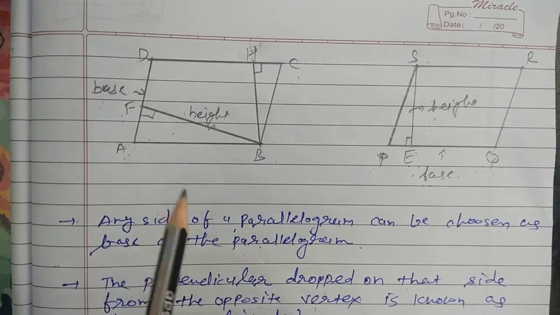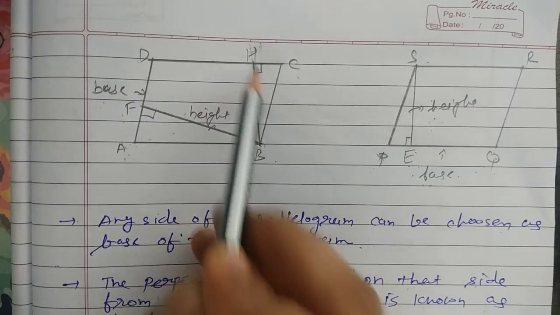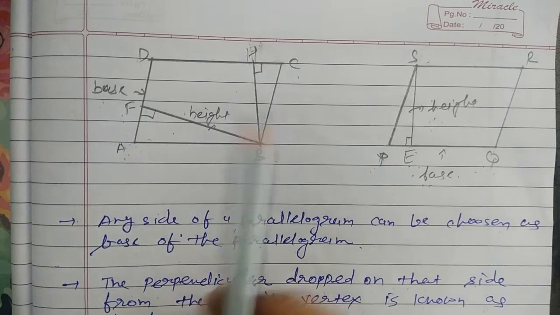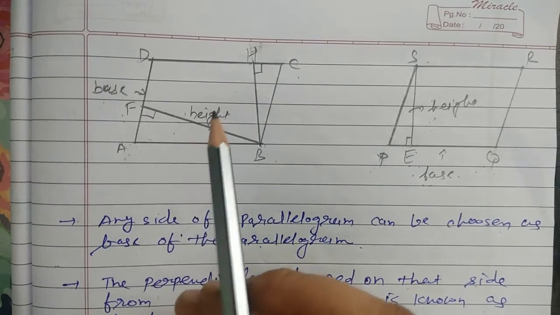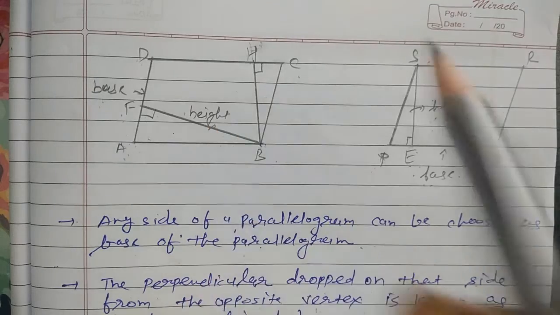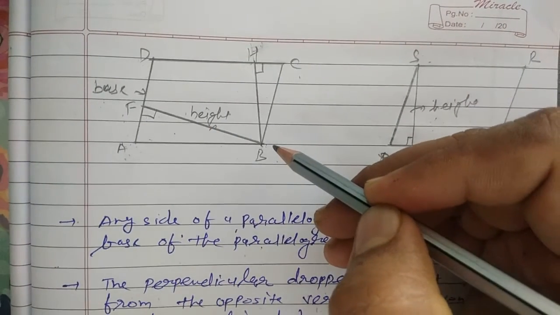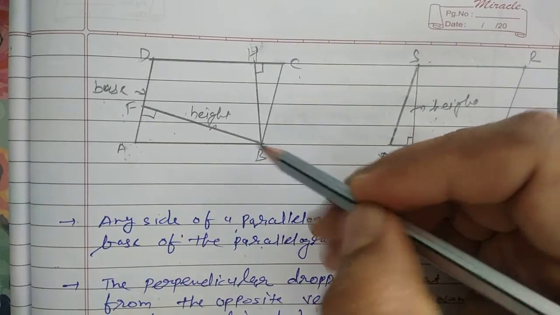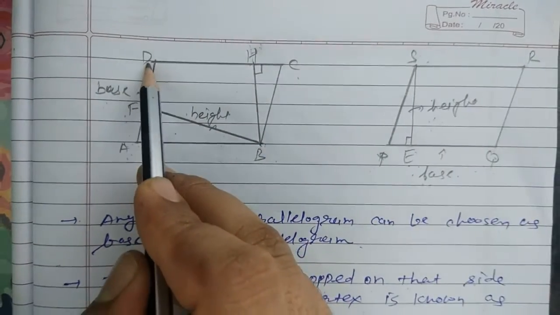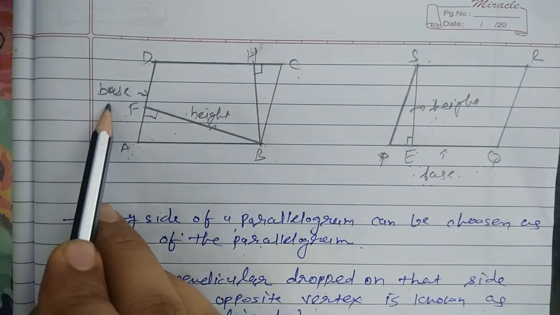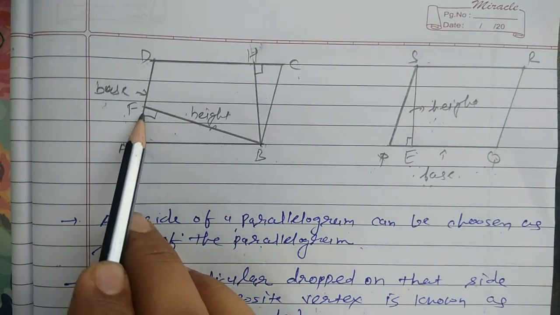Here two perpendiculars are there, BF and BH, but from these two perpendiculars, which perpendicular do we have to take as height? We can take only BF, as we have chosen AD as our base.